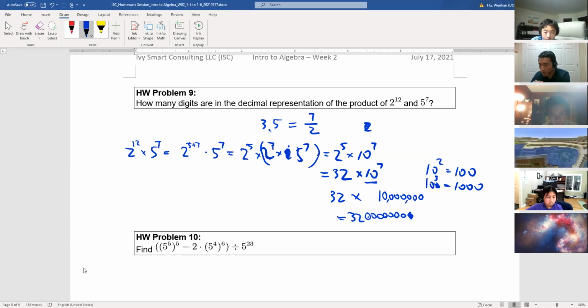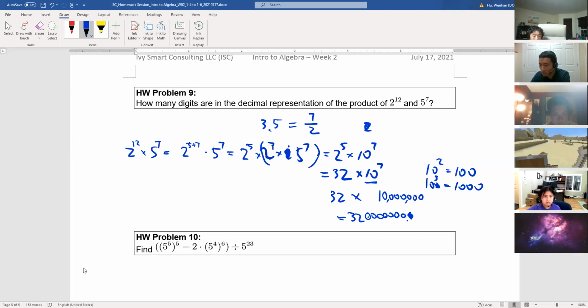There are 2 digits, so we have 9 digits in total. And this is already in the decimal representation, because the decimal point is here and there's nothing behind it. Everything is 0, so we don't write them down. That would be our answer: 2 digits for 32 and 7 digits for the zeros, so we have 9 digits.